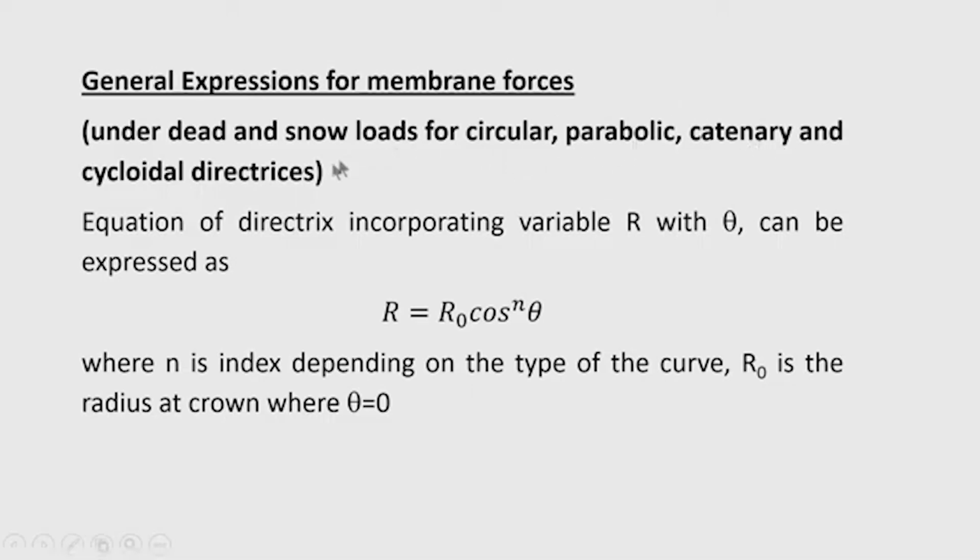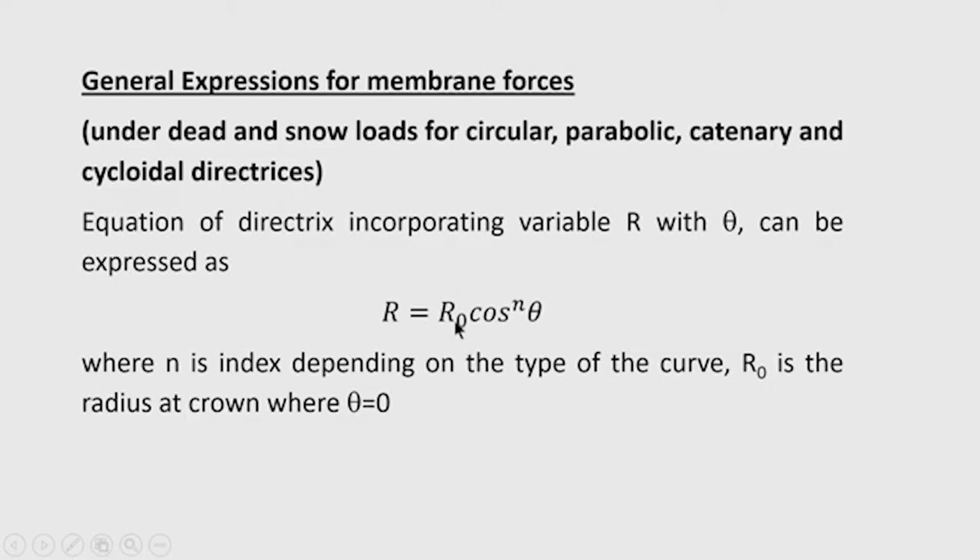The 4 directrices are considered here because it is possible to express the equation of the directrix in the intrinsic form relating the radius of curvature and the angle theta. So, a general form of equation of the directrix is r equal to r naught cos to the power n theta.